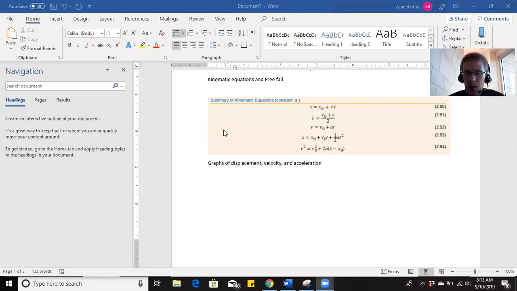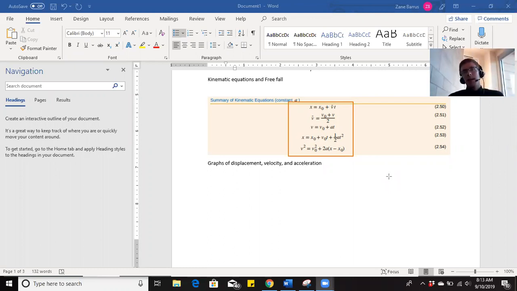So rather than go through each equation in detail, which you can do on your own if you'd like, what I like to do whenever I'm solving physics problems is have this list of equations by me when I'm doing my work, so I can always look at them.